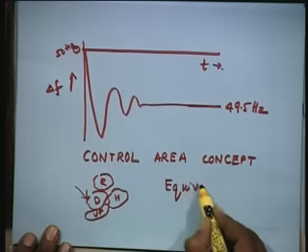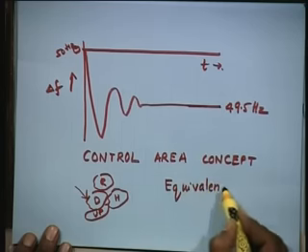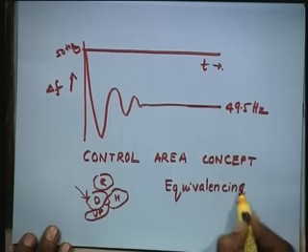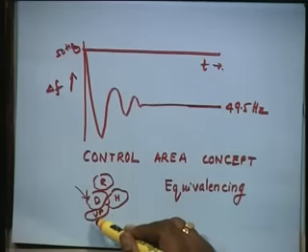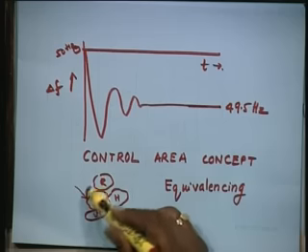This is being done in practice every day. What is equivalencing? In order to reduce the order of the system, reduced order modeling is a very important technique in control systems. So, what you do? You reduce the number of buses in Rajasthan, Haryana and UP and bring their effect to the boundary of Delhi.